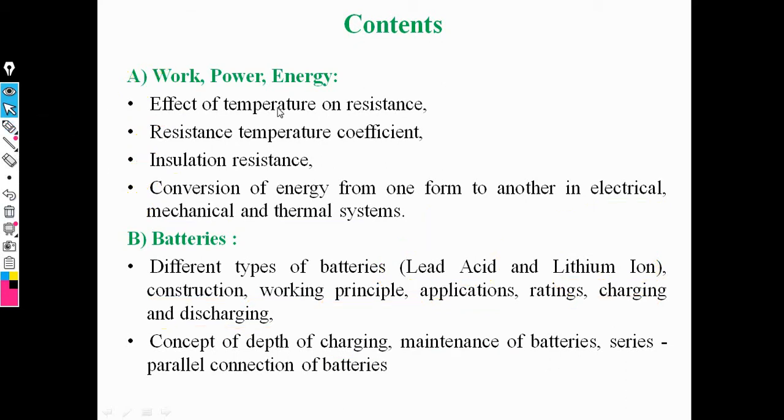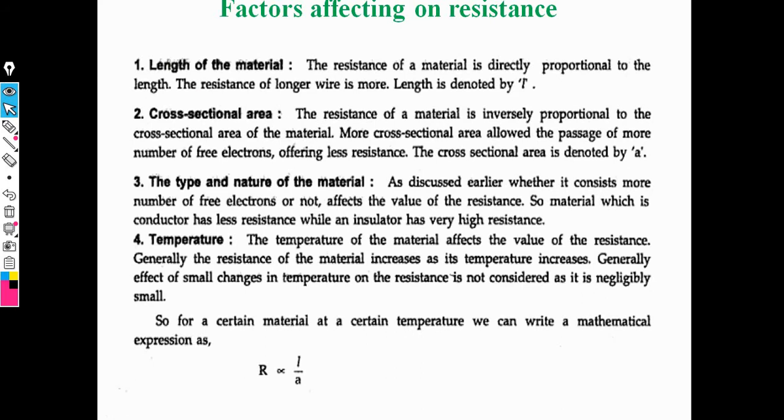Okay, now the first point is factors affecting resistance. There are several parameters that affect resistance. First, from the formula, resistance is directly proportional to the length of the material we consider. Here L is length and A is cross sectional area.